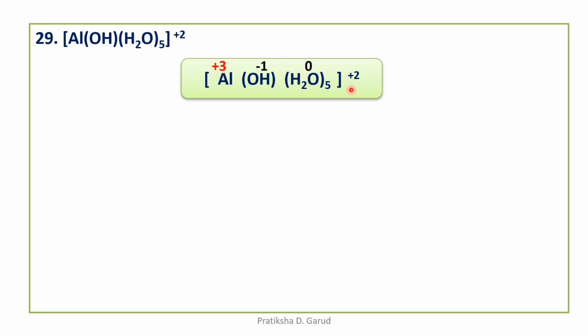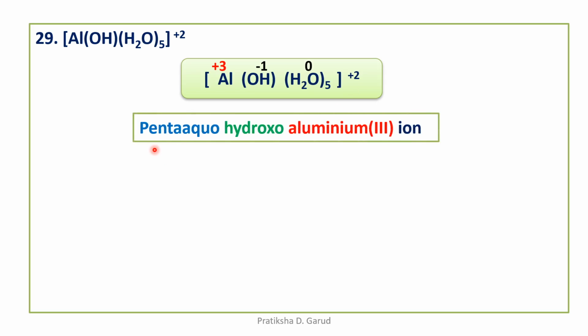So the oxidation number is plus 3. Therefore the name of this complex is pentaaqua, as there are 5 water molecules, then hydroxo, aluminium with oxidation state plus 3, and then ion. So it is pentaaqua hydroxo aluminium plus 3 ion.